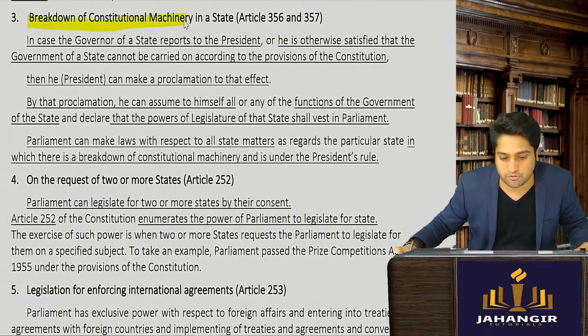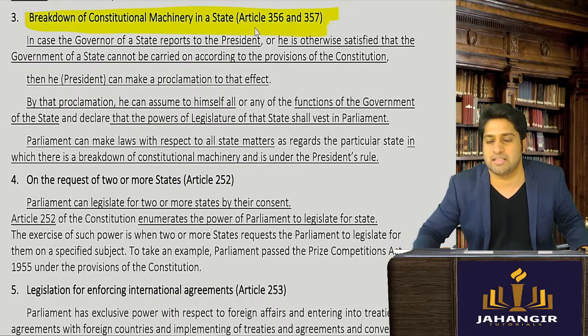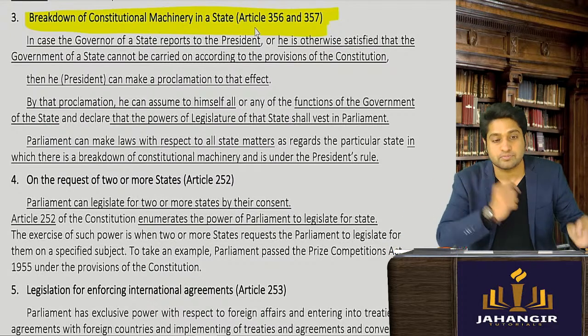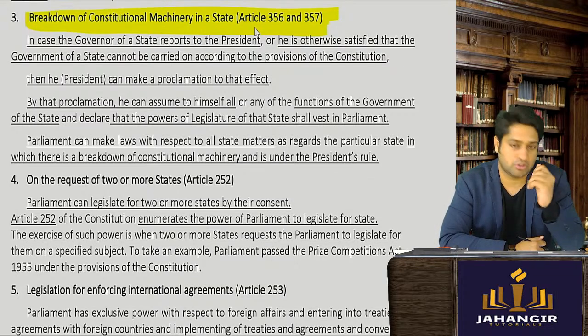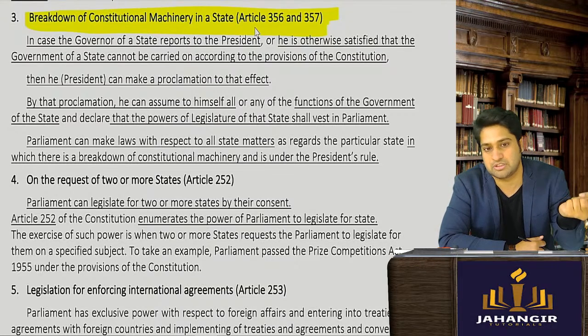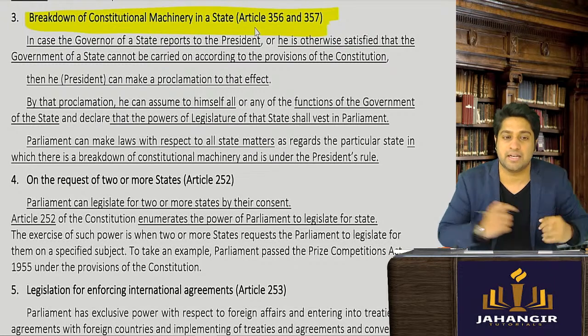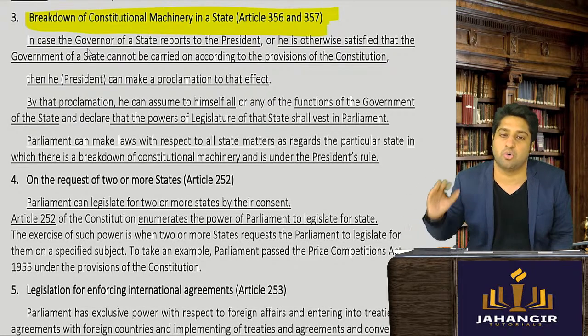Next is breakdown of constitutional machinery in the state, Articles 356 and 357. If the President feels that a state is not being governed according to the Constitution, and there is a breakdown of the constitutional machinery, then the Centre will take control over the state.